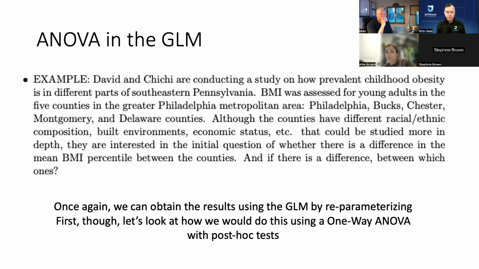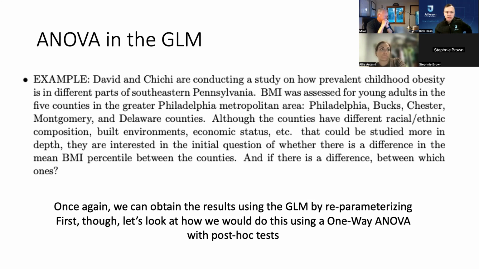Analysis of variance was developed really in the course of doing experimental work, where you have more than two groups, and the t-test is not necessarily appropriate. And also, if you did a bunch of t-tests, it sort of wastes valuable type 1 error. You'll read about that. And it was very applicable in various areas of basic science. So here it is in an example that we might run into.